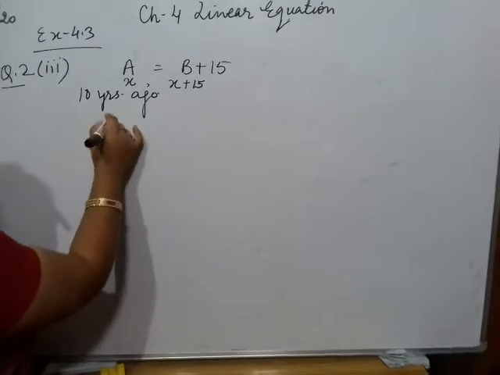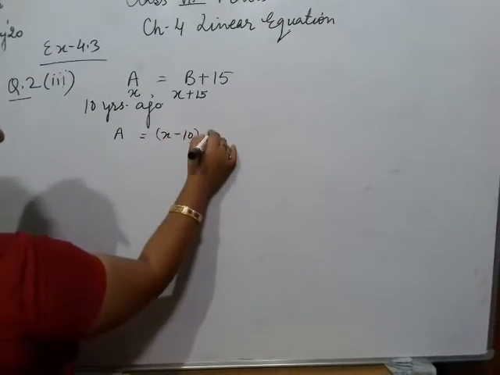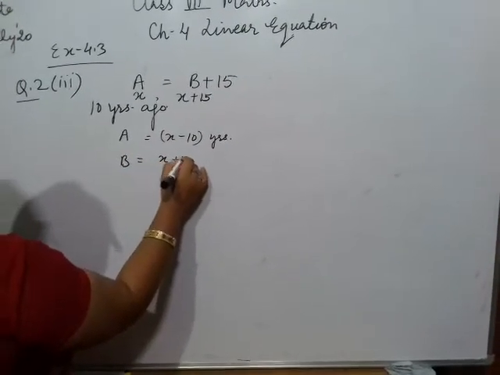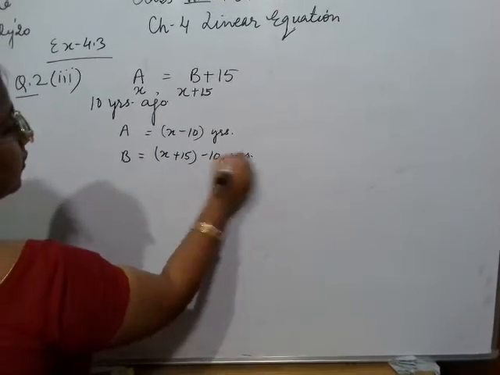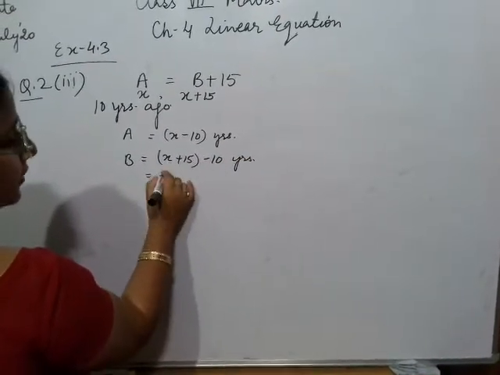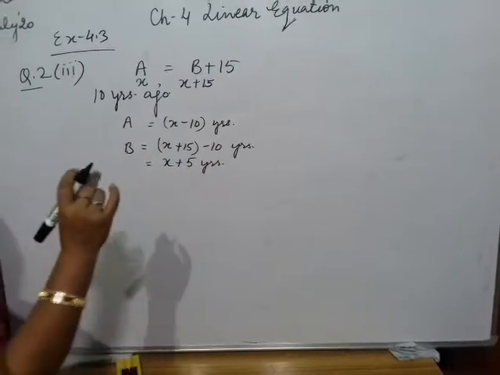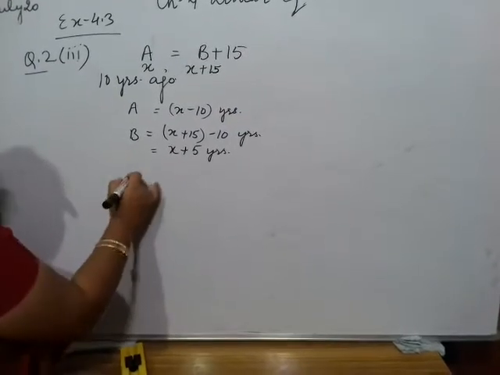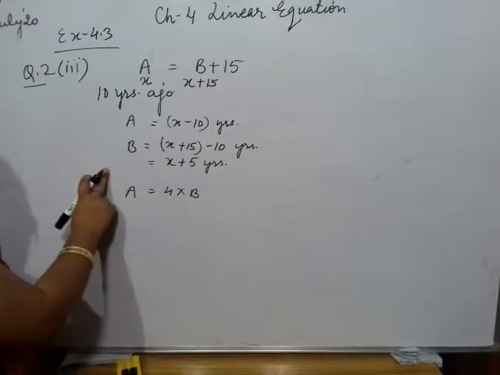Now 10 years ago, the age of A will be X minus 10 years, and the age of B will be the present age minus 10 years, that is X plus 15 minus 10, which is X plus 5 years. Now the relation given is that A was 4 times B's age, 10 years ago.